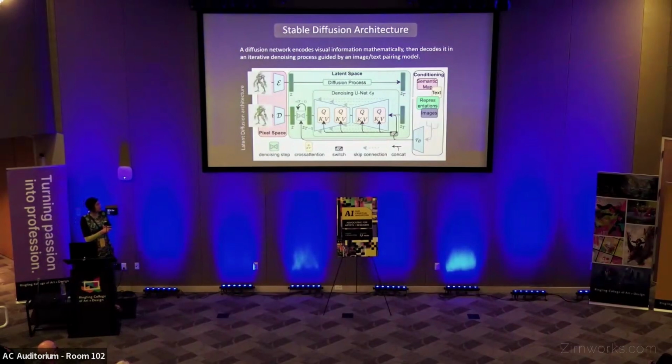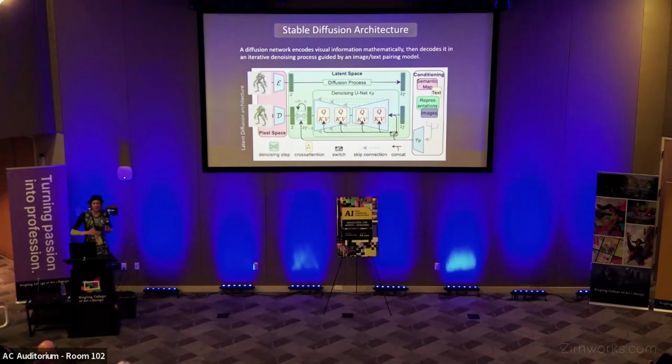Most people use text, but I'm going to show a very cool technique where you can actually use images to condition. That's coming later in the talk. And so basically, once all of that has diffused, it then goes through a VAE decoder and pops out in pixel space again. So that is the run through.